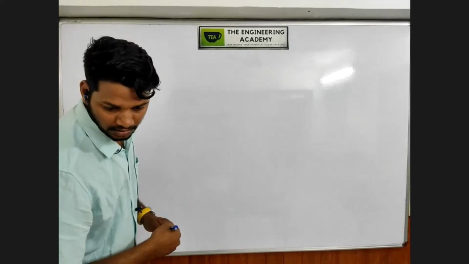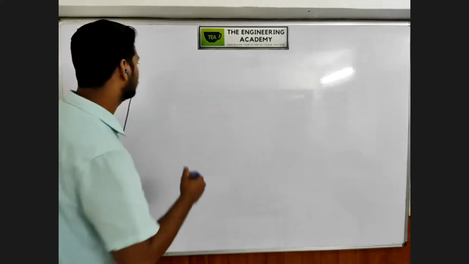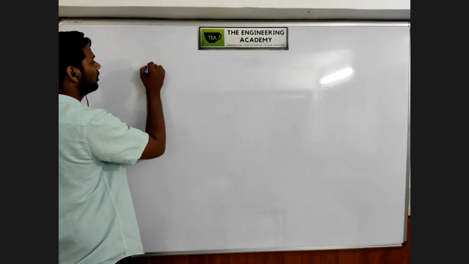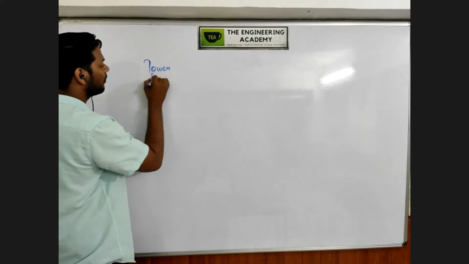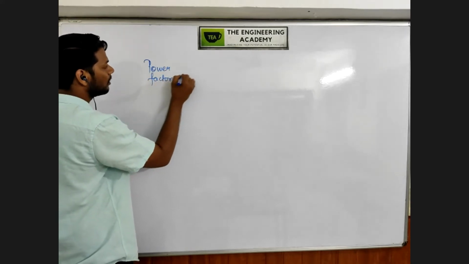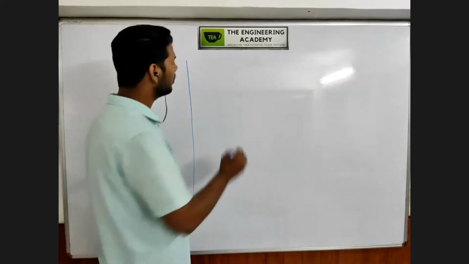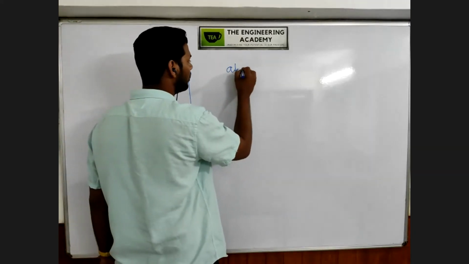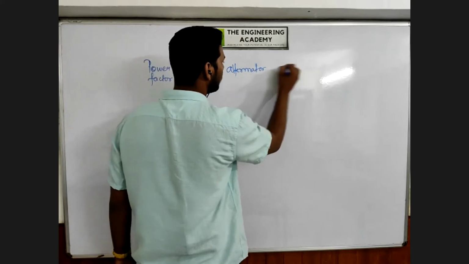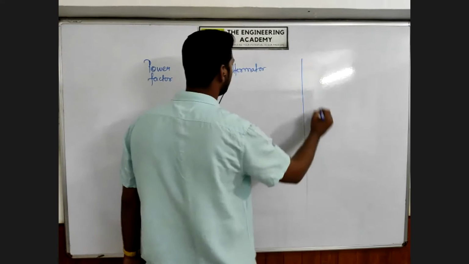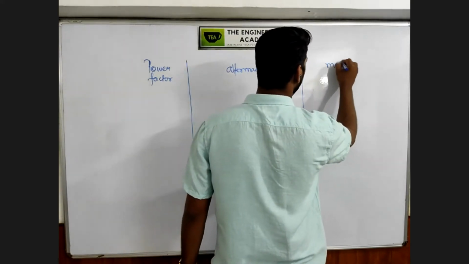Make 3 columns and 5 rows. The columns are: power factor, alternator, and motor.